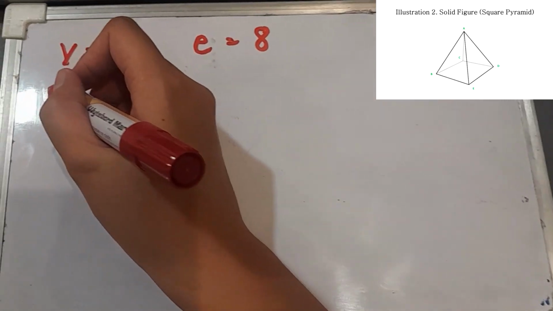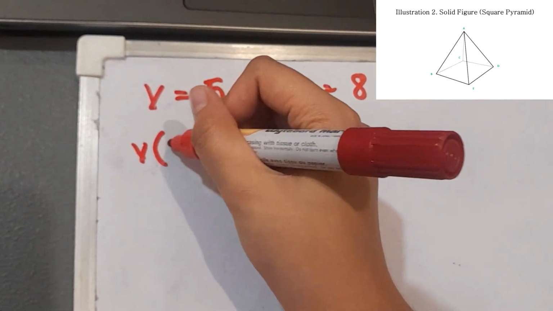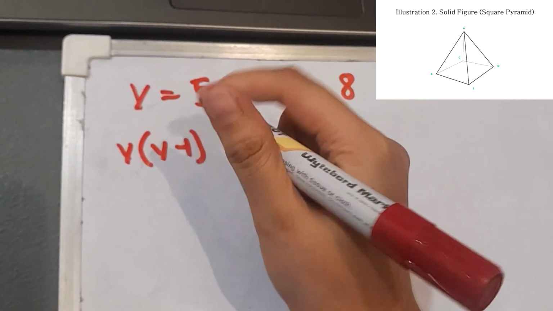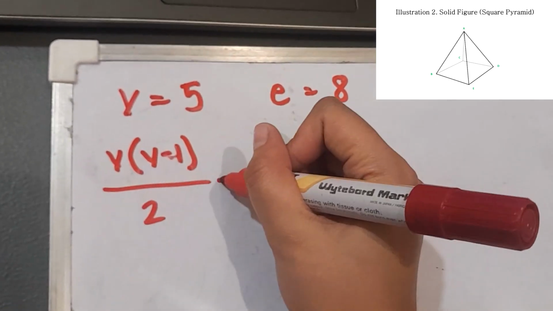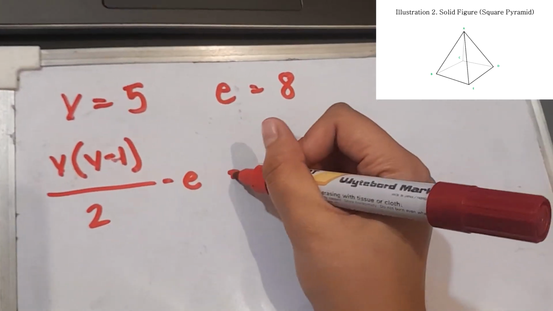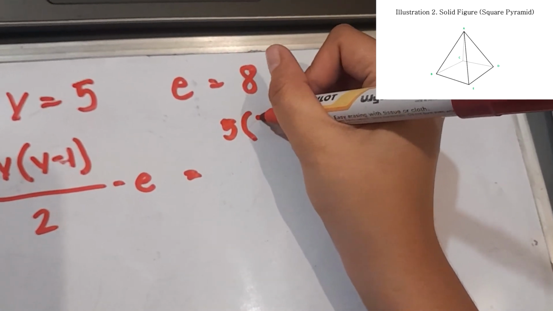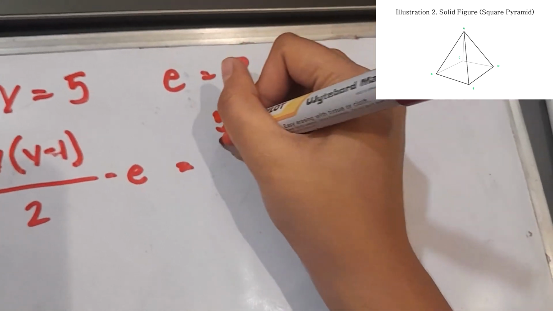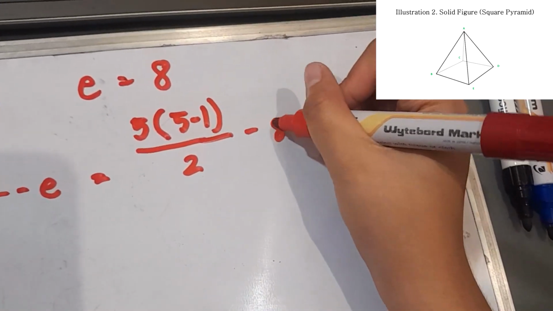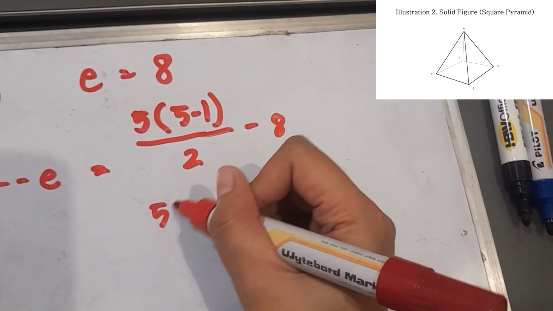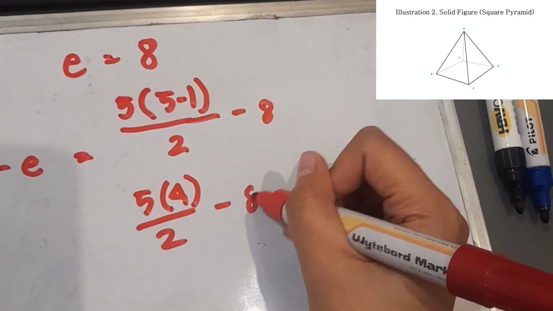So, using the formula V times V minus 1 all over 2 minus the edge is equal to 5 times 5 minus 1 over 2 minus 8, where 5 times 4 over 2 minus 8.